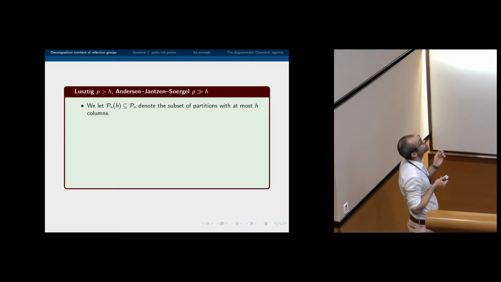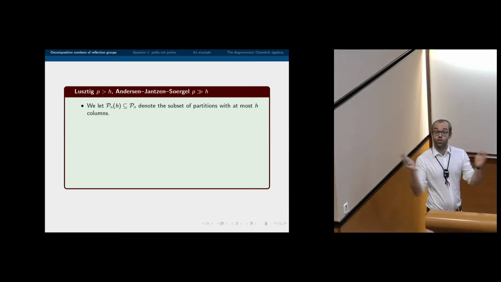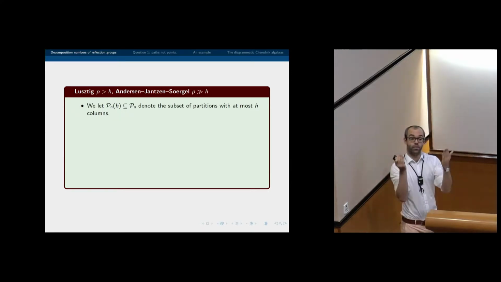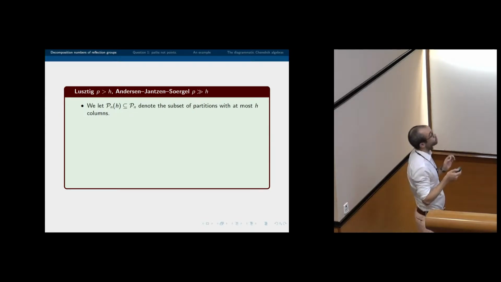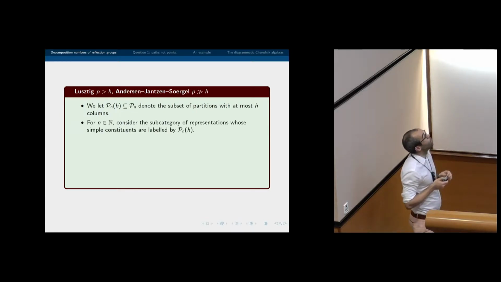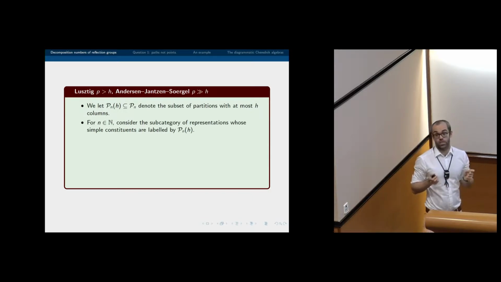We're going to restrict the partitions so that we consider the ones with at most h columns. So we're not going to consider all Specht modules to begin with. We're going to restrict and just think of those labeled by partitions with at most h columns. And what we're going to do is consider the subcategory of representations for the symmetric group whose simple constituents are labeled by these partitions.